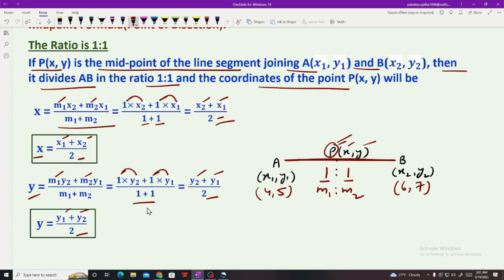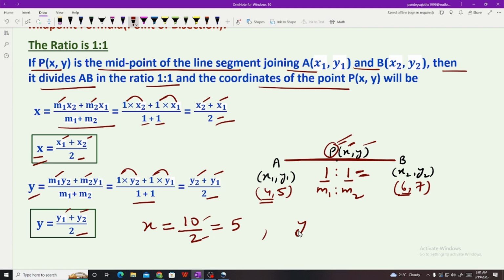In such cases, the x coordinate will be equal to the sum of x1 and x2 upon the sum of ratio. So the x coordinate will be equal to 4 plus 6, that is 10, upon the sum of ratio, that is 1 plus 1, that is 2, is equal to 10 upon 2 is equal to 5.